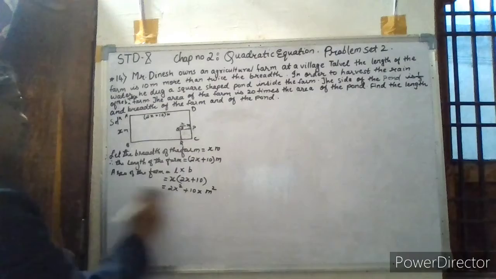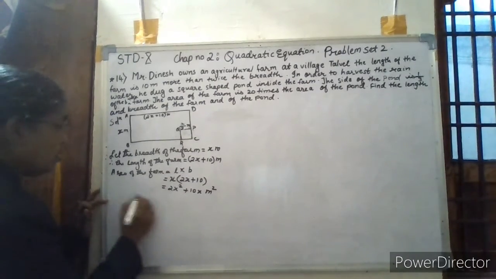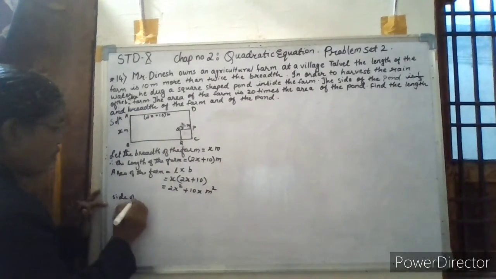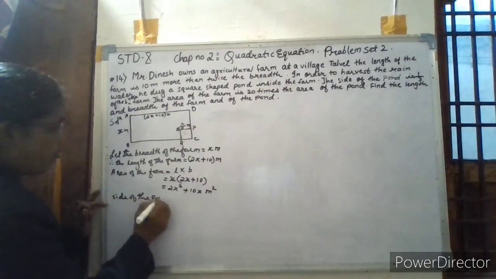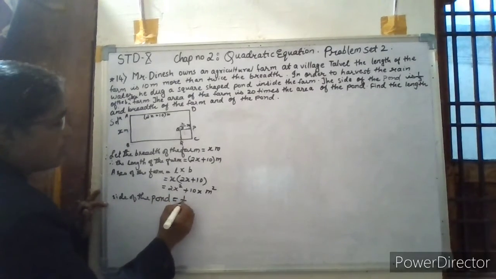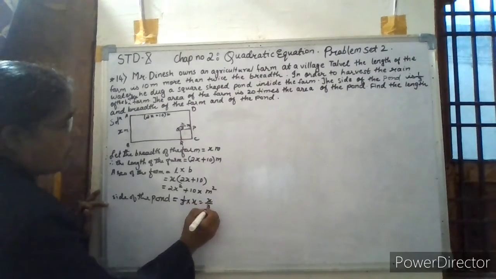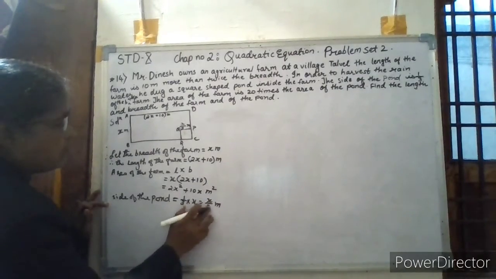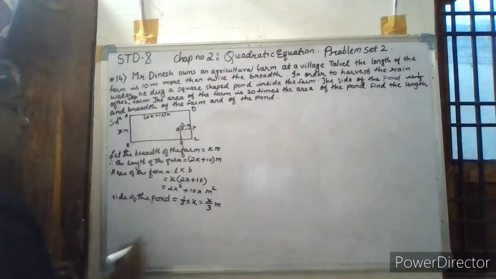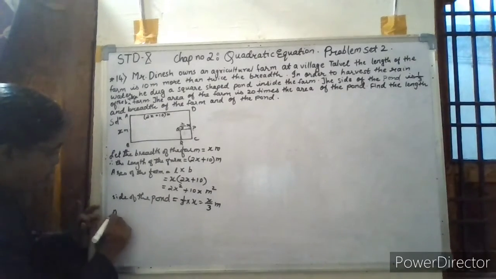This is the area of the farm. Now we'll go with the next one, that is the side of the pond. That is, as given, 1/3 of the breadth, equal to x by 3 meters.